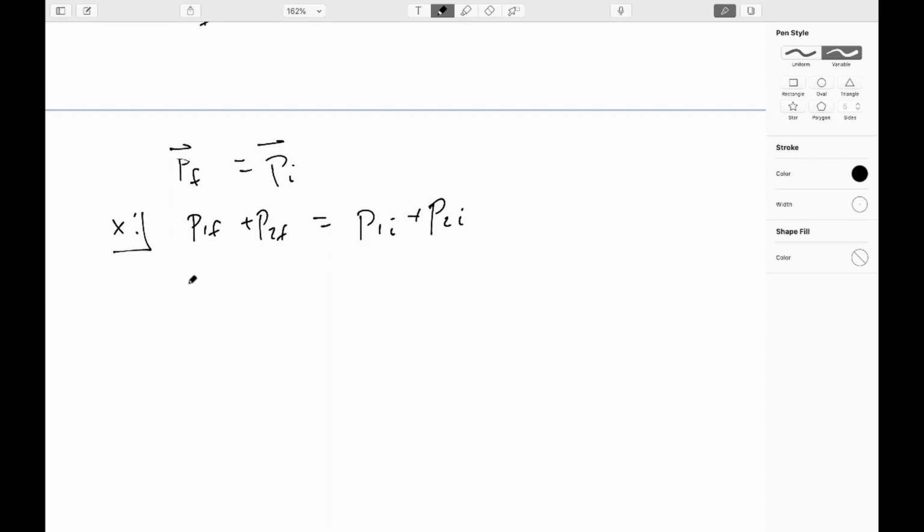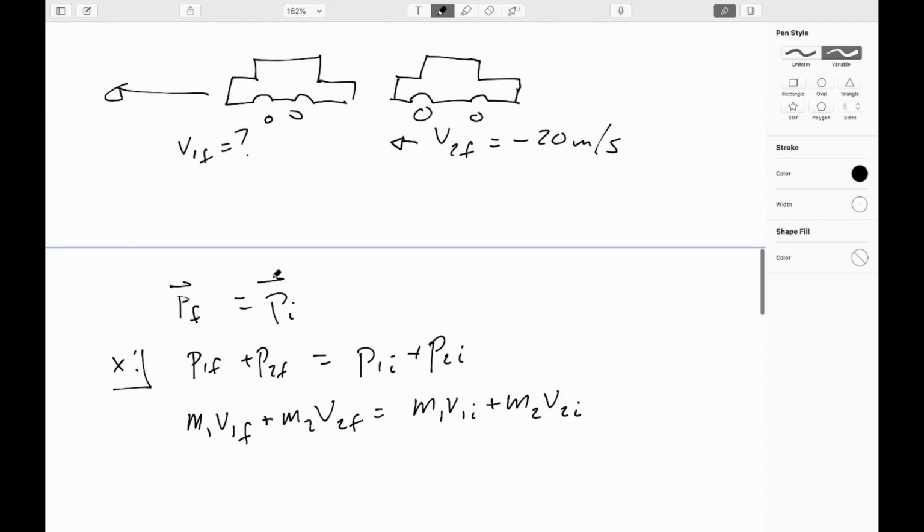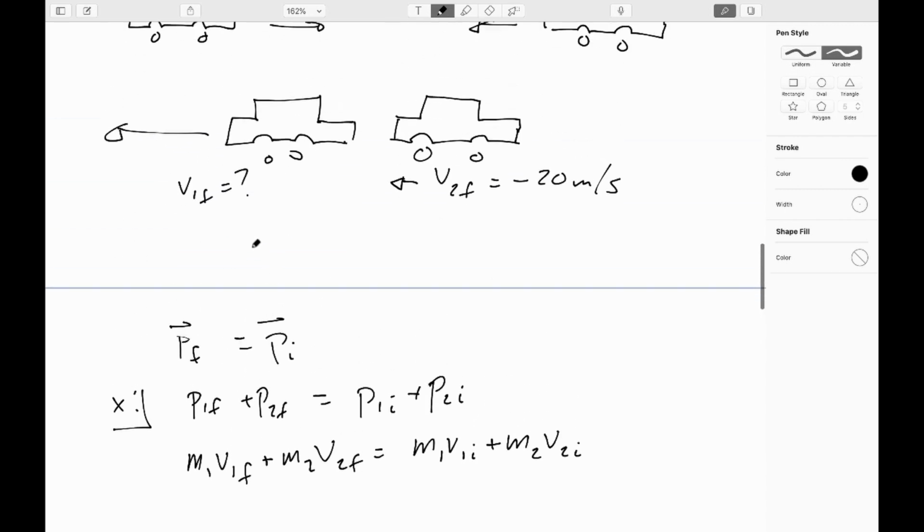So we can go ahead and write that out. This is going to be M1 V1 final plus M2 V2 final equals M1 V1 initial plus M2 V2 initial. And what we were being asked to solve for was V1 final.